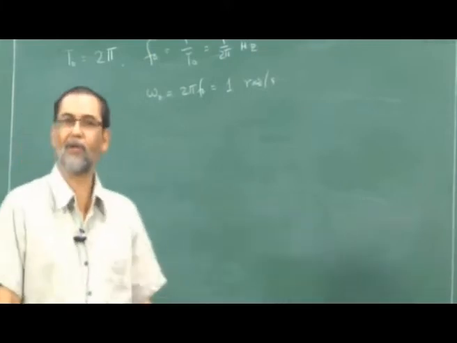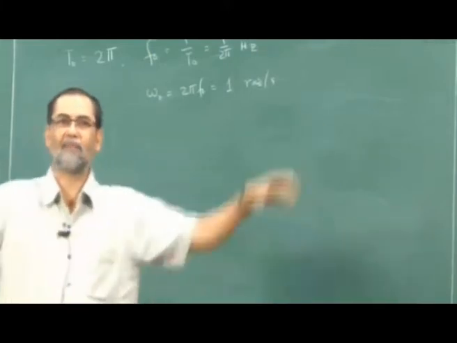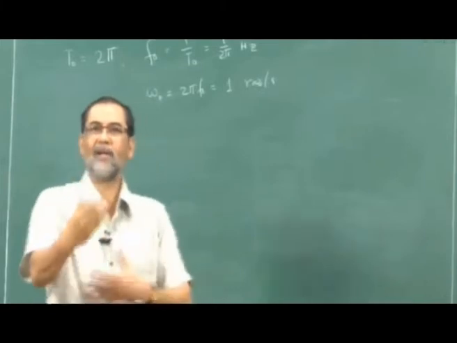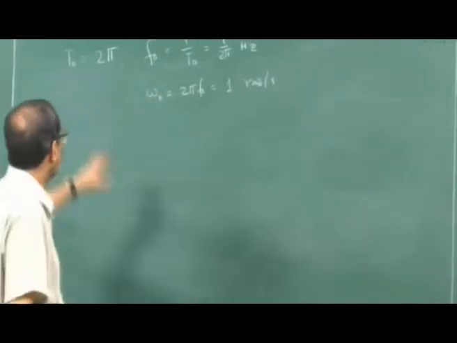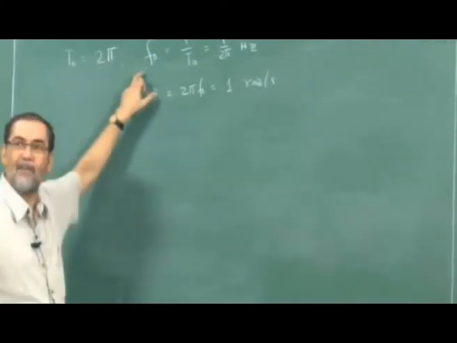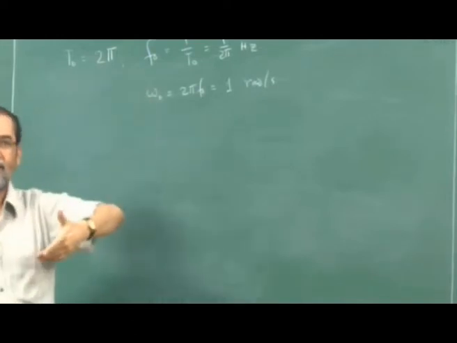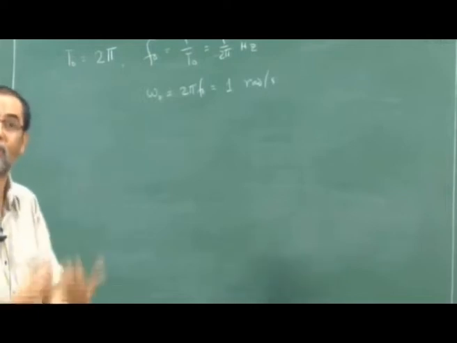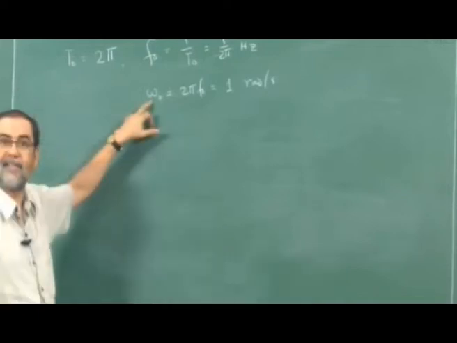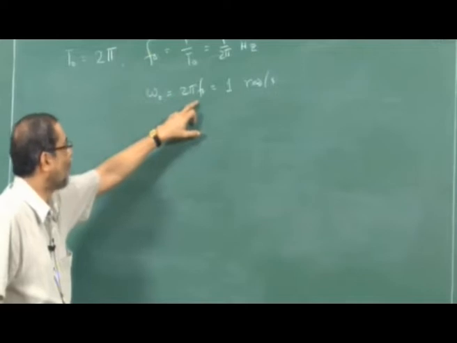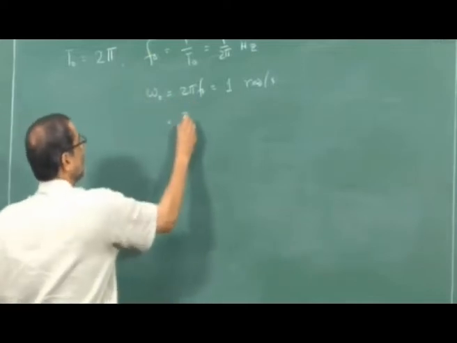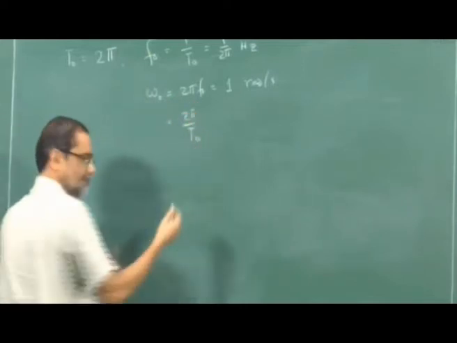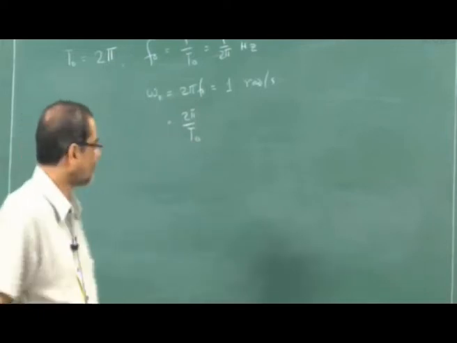So for this particular problem, where I have a rectangular pulse oscillating between 1 and 0 with periodicity 2 pi, that means frequency is the inverse of that when expressed in hertz, so it is 1 by 2 pi, and frequency in radians is 2 pi f naught or 2 pi by T. There is another way of writing this, same thing, not different at all.